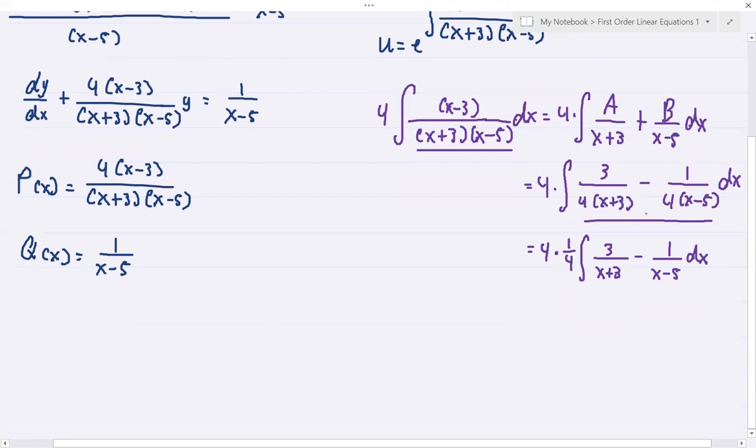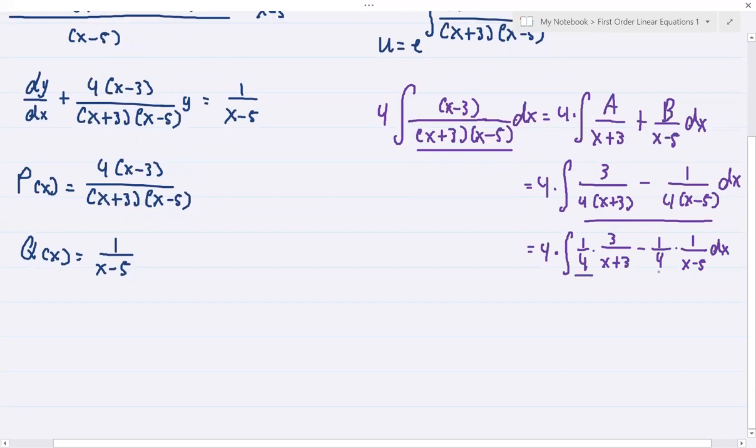How did I know it's 1/4? I simply decompose this one. So I will have 4 times the integral of 1/4 times 3 all over x plus 3 minus 1/4 times 1 all over x minus 5.